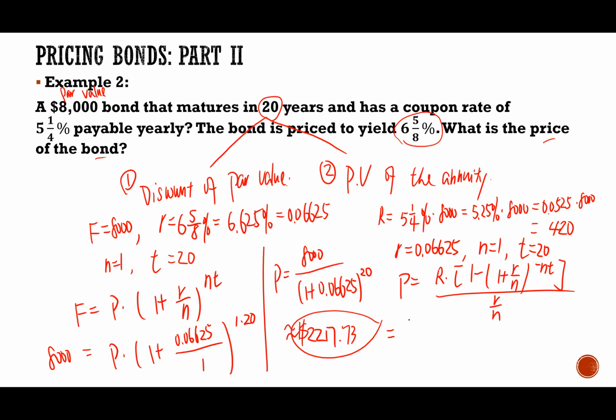It's 420 times (1 minus (1 plus 0.06625 over 1) raised to the negative 20th power), divided by 0.06625. You don't have to divide by 1. Let's put it into Excel and get a result.